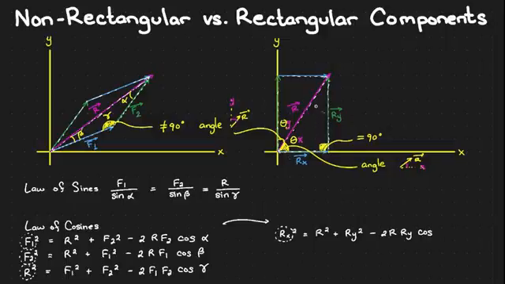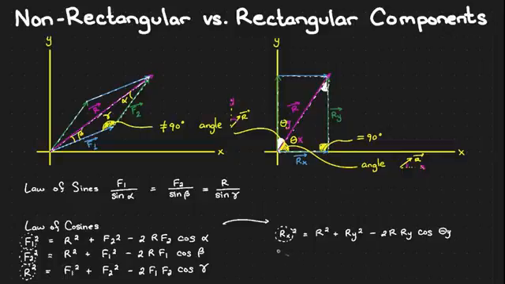In that bottom right triangle, the angle that is opposite of Rx is just this angle. Well, this angle is equal to theta y because they are alternate interior angles. So therefore, the angle that is opposite of Rx is just theta y.